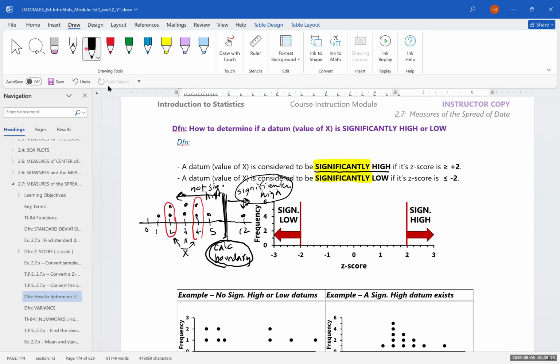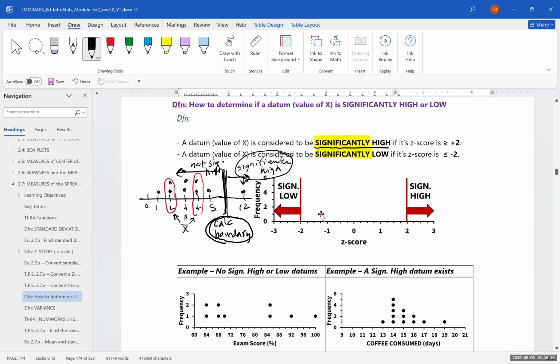So if we have a mathematical basis for making this boundary, then we can make this kind of conclusion. One of the purposes of z-scores is that once you've converted a data set in units to a unitless z-score, any datum with a z-score greater than 2 is considered significantly high. Any datum with a z-score lower than -2 is considered significantly low.